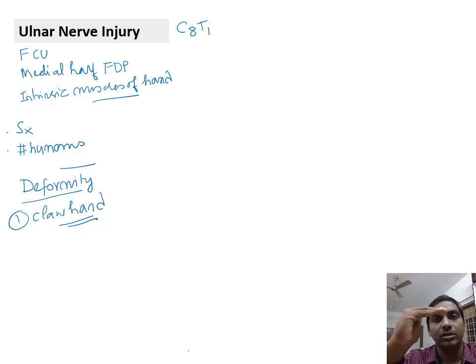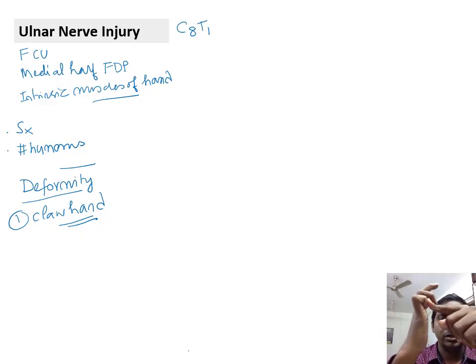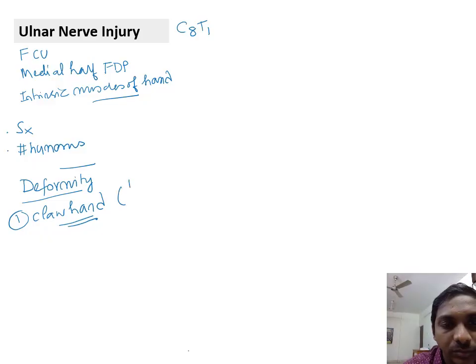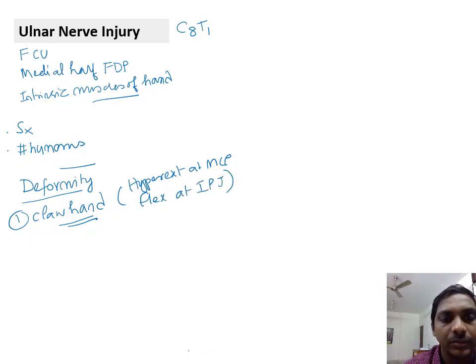So there will be hyperextension at the metacarpophalangeal joint, and flexion at the interphalangeal joint because of the flexor digitorum profundus function. This is called clawing: hyperextension at MCP and flexion at the interphalangeal joint. This flexion occurs due to the action of FDP, flexor digitorum profundus.